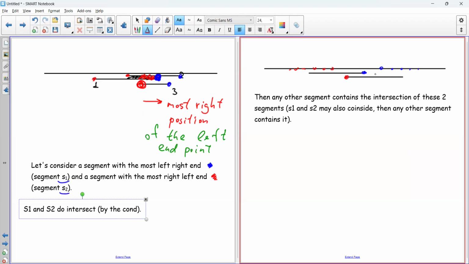So any other end would be at least on the same position or to the right, right? So if we consider any other segment, its right end would be, sorry, to the right from this point. Its red end would be to the left from this point. And in principle, that means that this entire segment would be contained by each other segment. So actually, the proof part would be extremely short then.